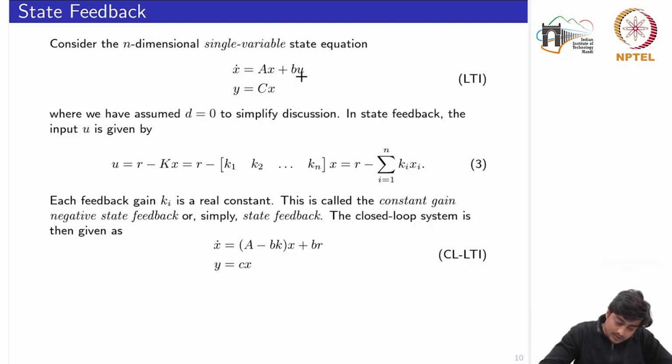For this plant the input is u and the outputs are x and y, if we have access to the state variable as well. Now when we substitute this u into this equation, we obtain another state space equation where the A matrix becomes A minus BK, and the input to this plant becomes the reference trajectory r.